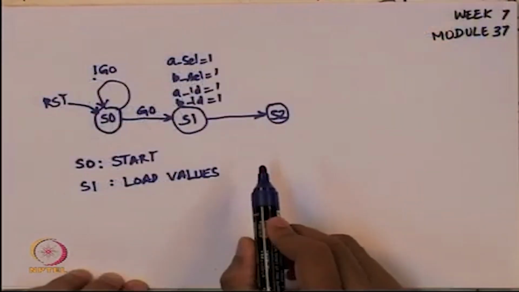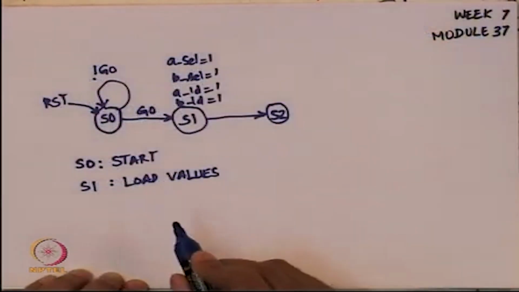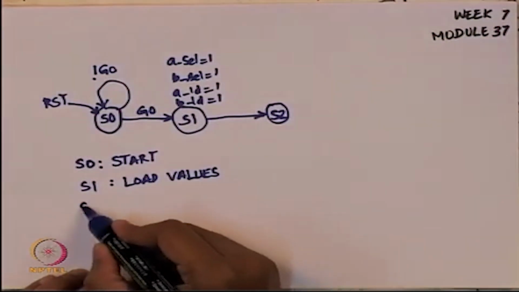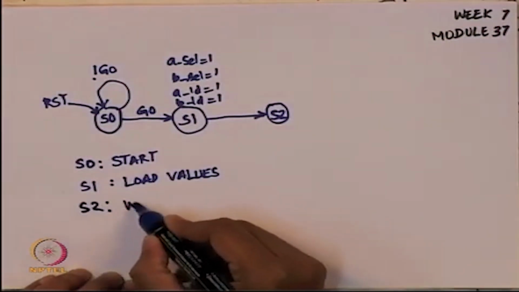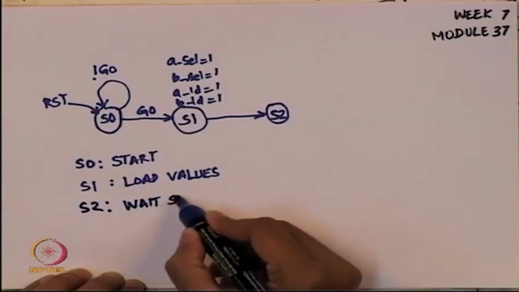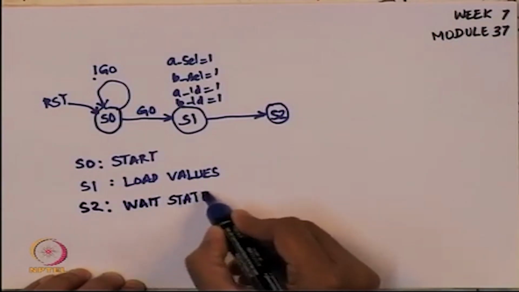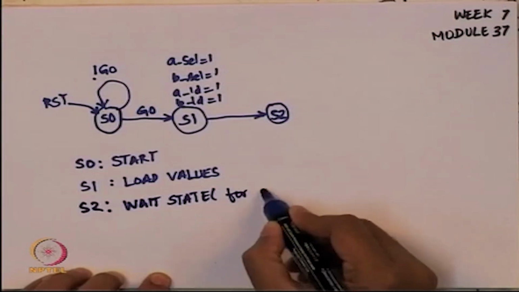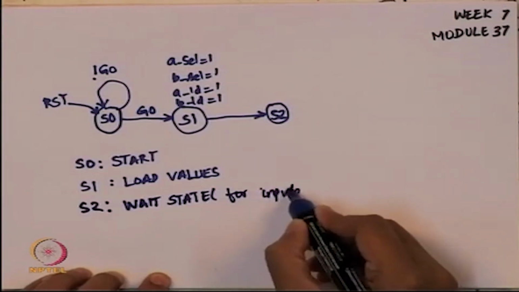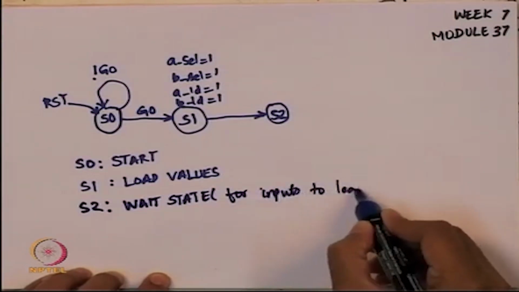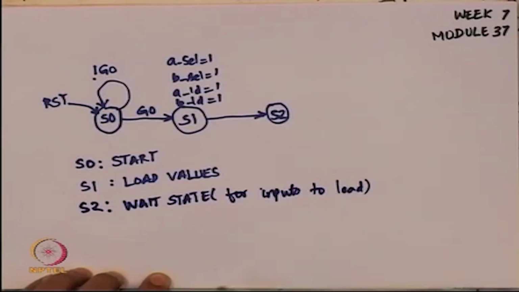So, in this one cycle, what I am going to do is I am going to wait for the inputs to come. So, S2 is supposed to be a wait state, and in this wait state I am going to wait for inputs to load.